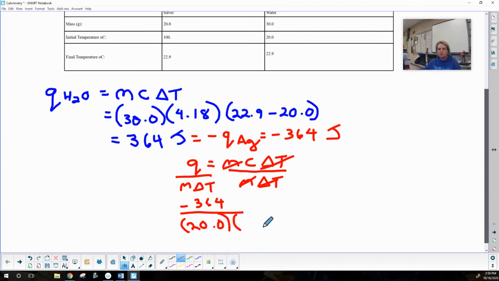And my change in temperature, I went down to 22.9 from a starting location of 100. So I'm going to take a moment and put this all into the calculator and hope we're really close to the specific heat of silver. Negative 364 divided by 20 times 22.9 minus 100.